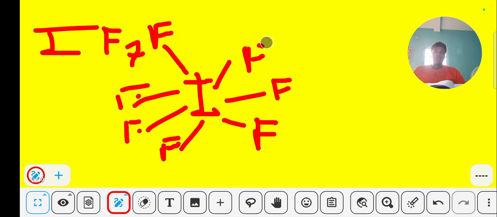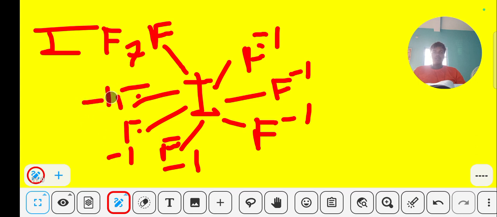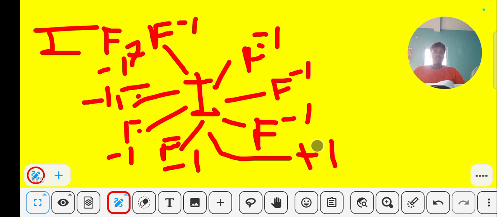Fluorine is more electronegative, so each carries minus 1. For all these minus 1 charges, iodine will get plus 7. So here the rules are completed.